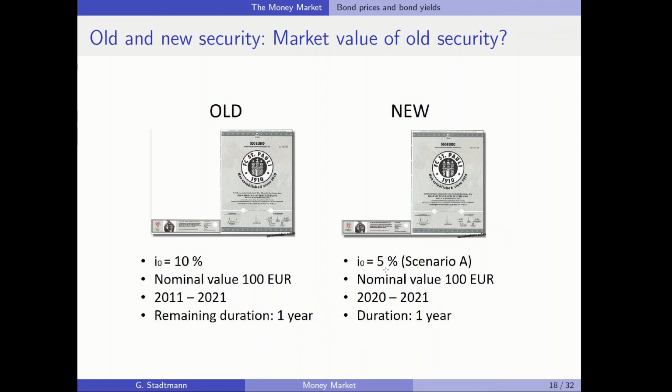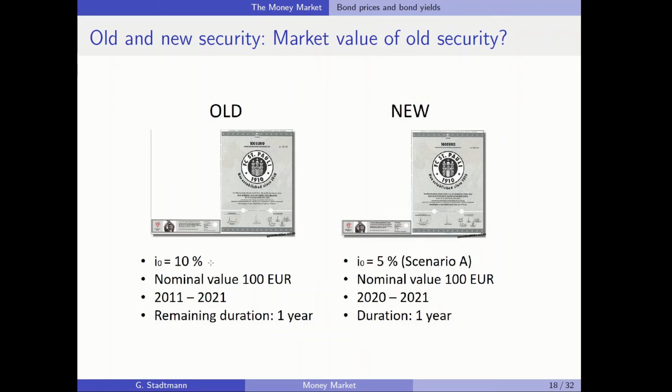It seems to be the case that between 2011 and 2020, the interest rate collapsed, the interest rate decreased, and nowadays this company is able to get a loan for 5%. Hence, your bond, which you received from your grandma, has very nice characteristics.